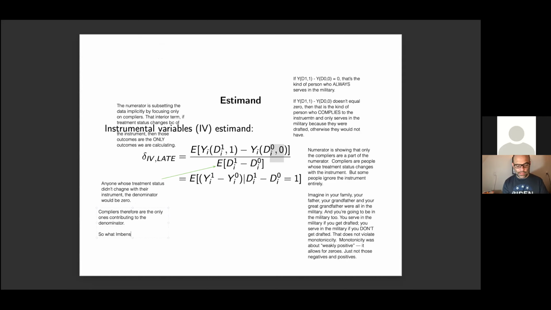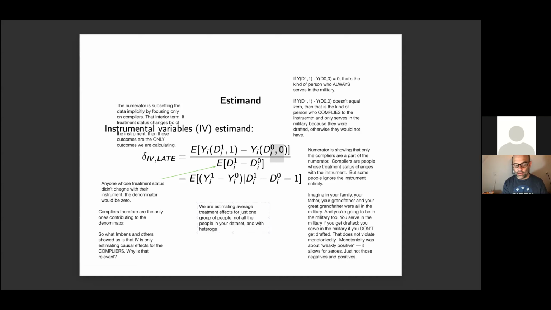So what Imbens and others showed us is that IV is only estimating causal effects for the compliers. Why is that relevant? We are estimating average treatment effects for just one group of people, not all the people in your data set.